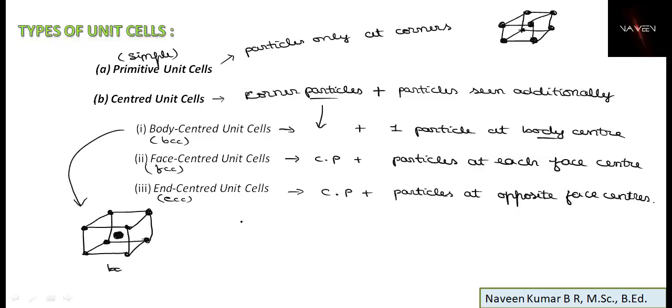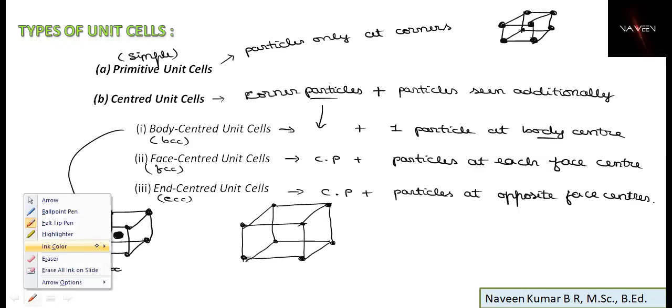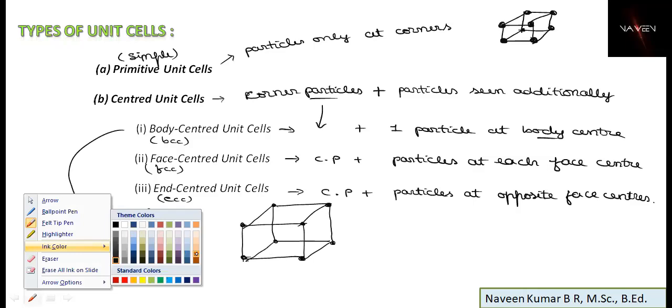Whereas face centered, if we take, please try to observe the diagrams carefully. Without the help of that, it is very difficult for you to follow the class. Now again, try to write a simple primitive unit cell. Then you try to extend it for remembering the face-centered unit cell. Now if you take a simple primitive unit cell, I will use a different color to indicate how it will be.